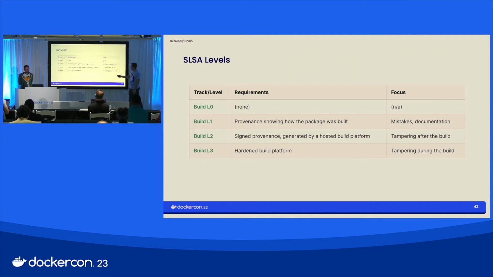So just to be clear, build level 3 is the goal. And one thing to note is that where you do your builds can set the upper limit for how compliant you can be with these SLSA levels. GitHub Actions is SLSA build level 3 compliant.